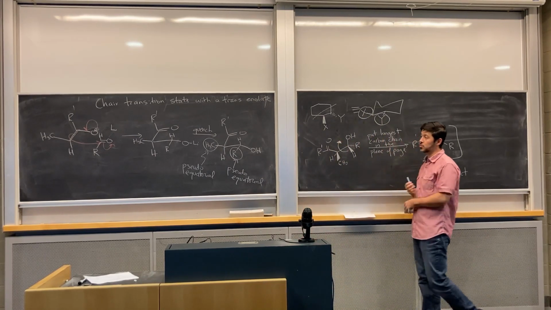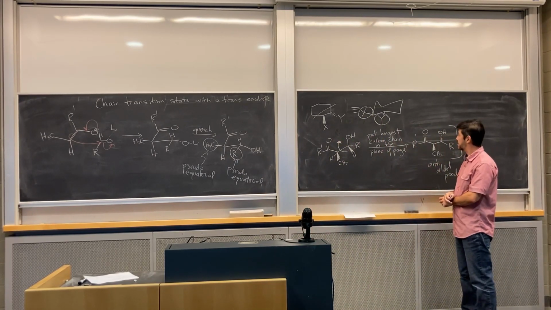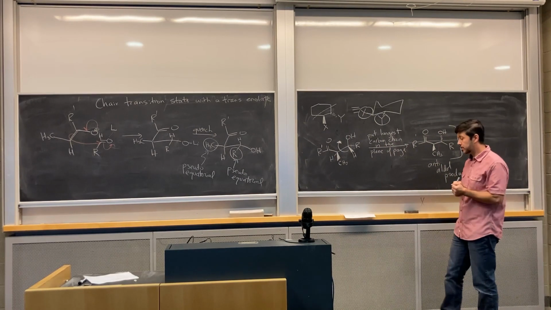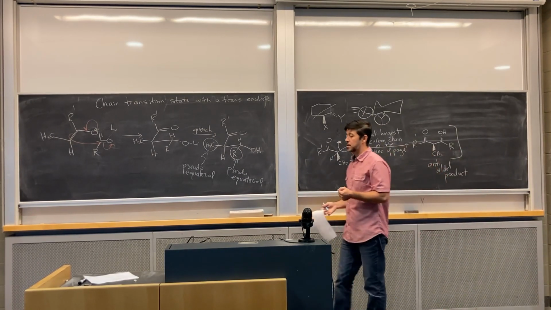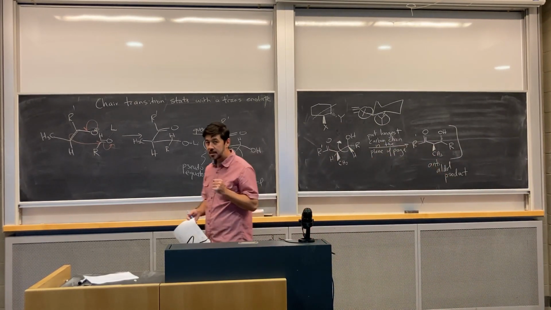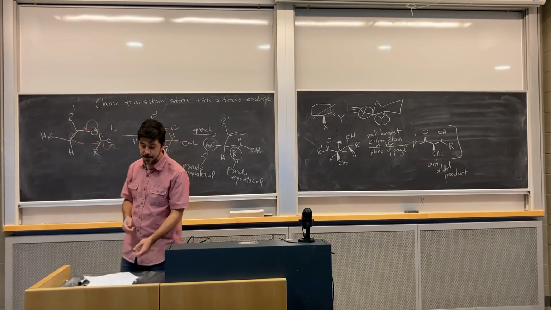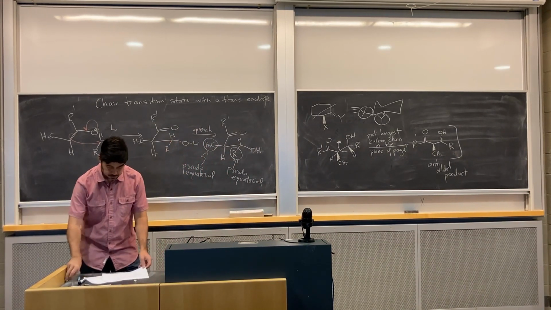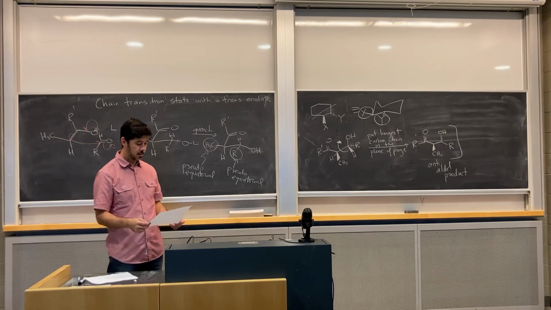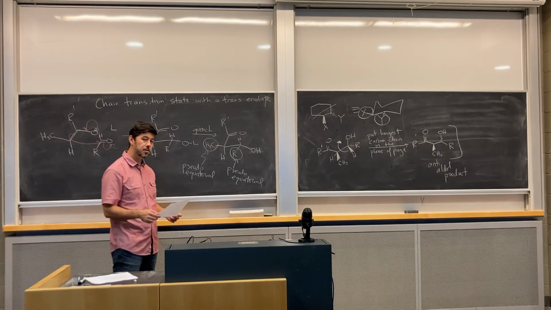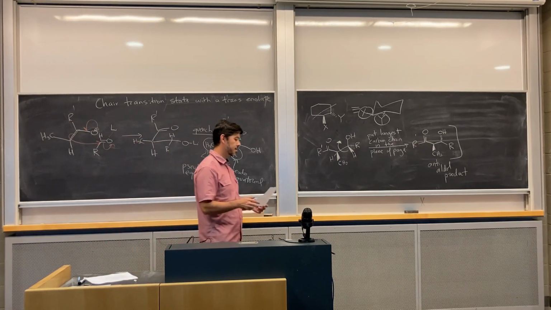So that's how we're doing the stereochemistry. So that's pretty cool, right? You can definitely predict exactly what the stereochemistry will be during this reaction. So let's go through one example and then we'll finish, and then that'll be the end of this lecture.